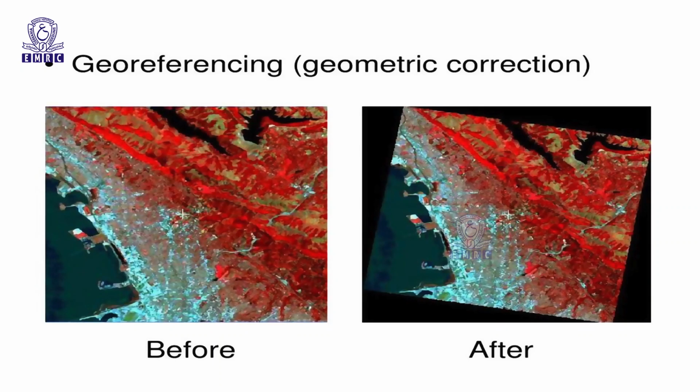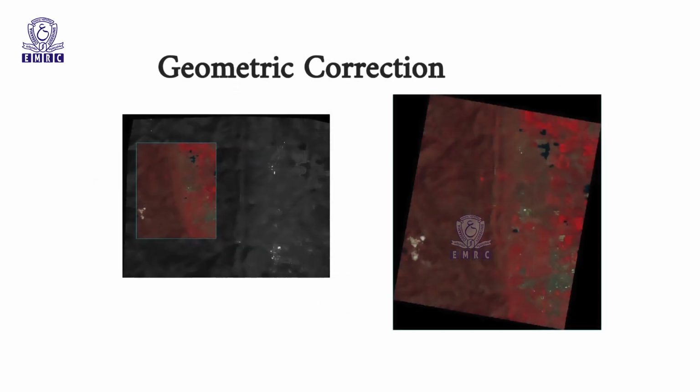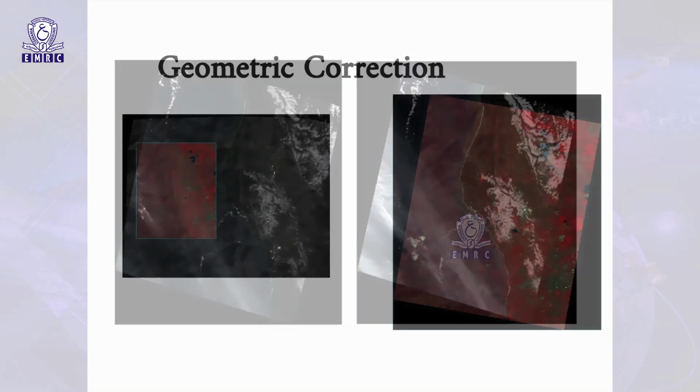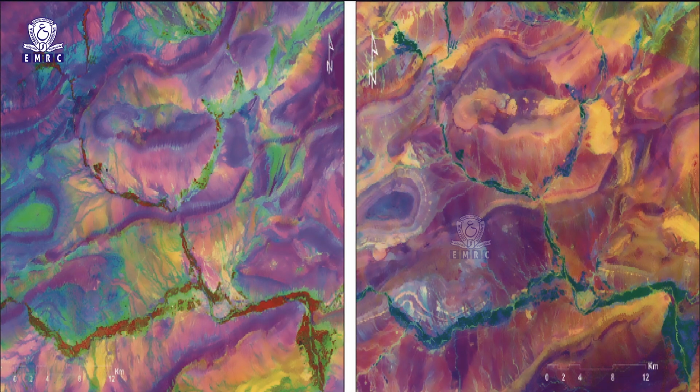Preprocessing operations, sometimes referred to as image restoration and rectification, are intended to correct for sensor and platform specific radiometric and geometric distortion of data. Radiometric corrections may be necessary due to variation in scene illumination and viewing geometry, atmospheric conditions and sensor noise and response.